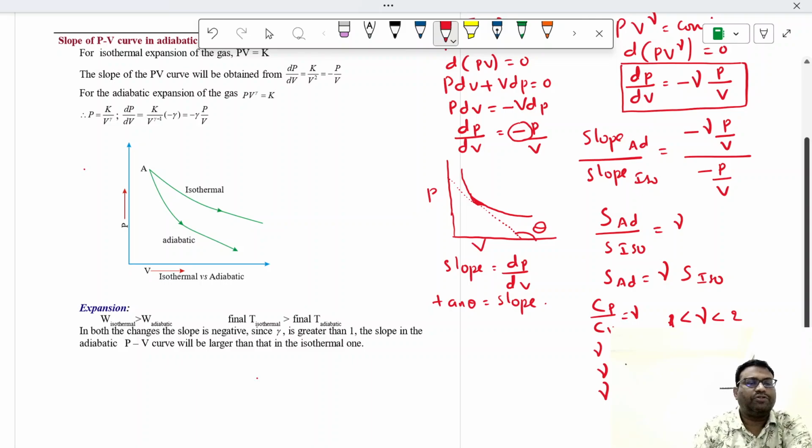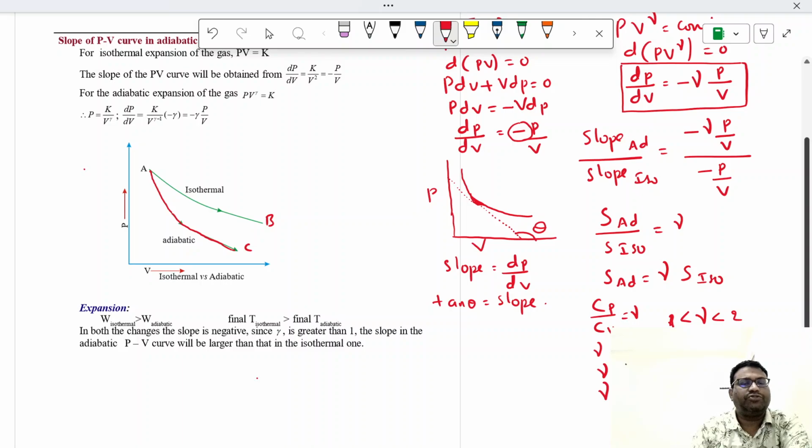So let us come to this graph. In this graph, which is having more slope? This graph has more slope than this graph. For example, A to B graph is having less slope than A to C. So A to C graph is having more slope.